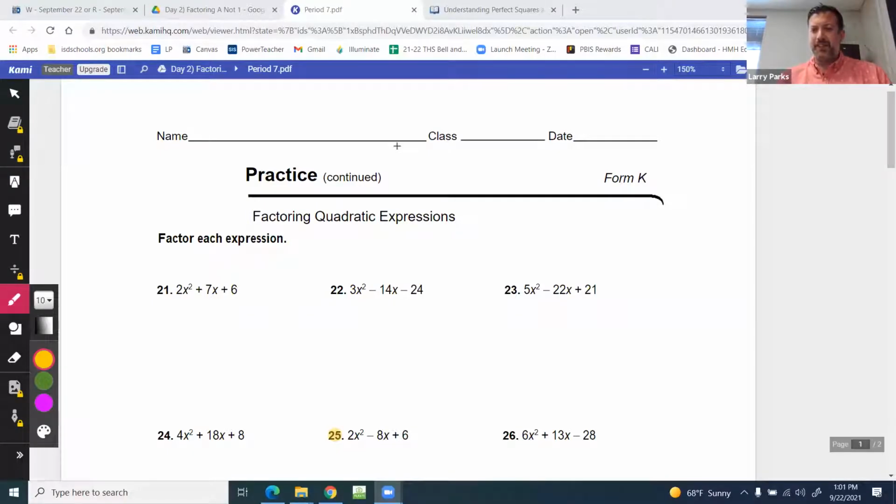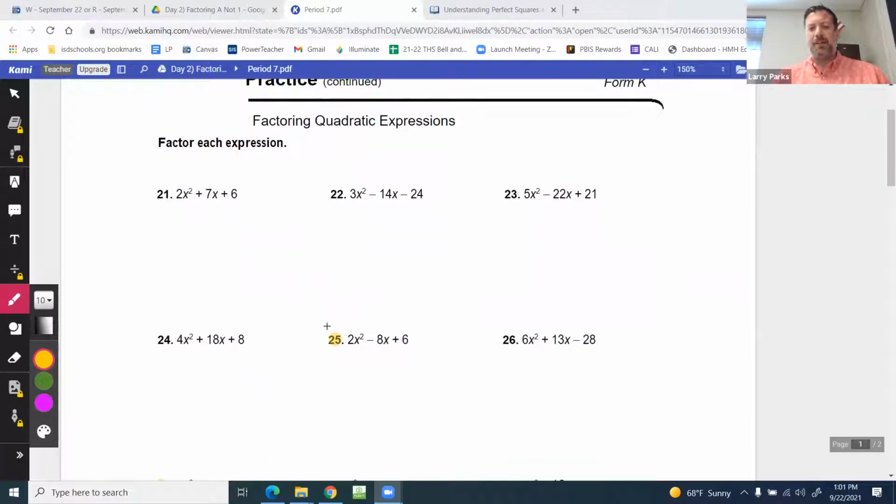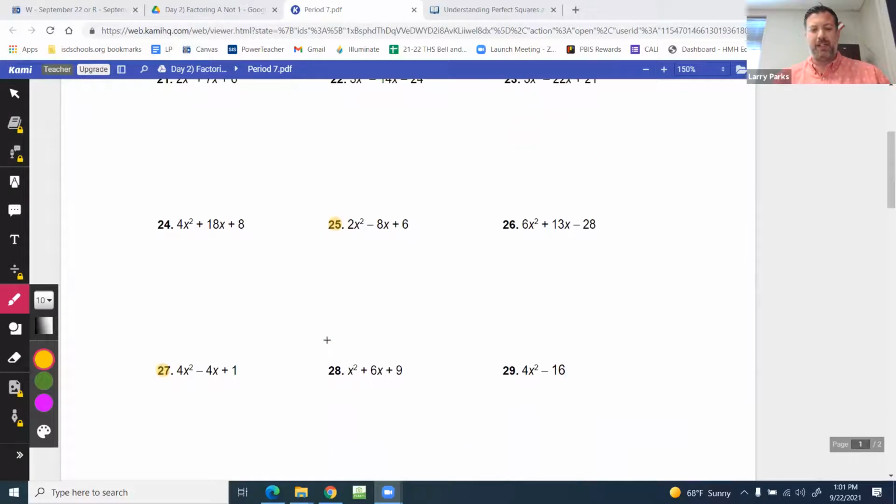All right, good afternoon. Today, we are going to learn how to factor more quadratics. And I've highlighted the problems that I hope to go through today as a class: problem number 25, 27, 30, and 31.